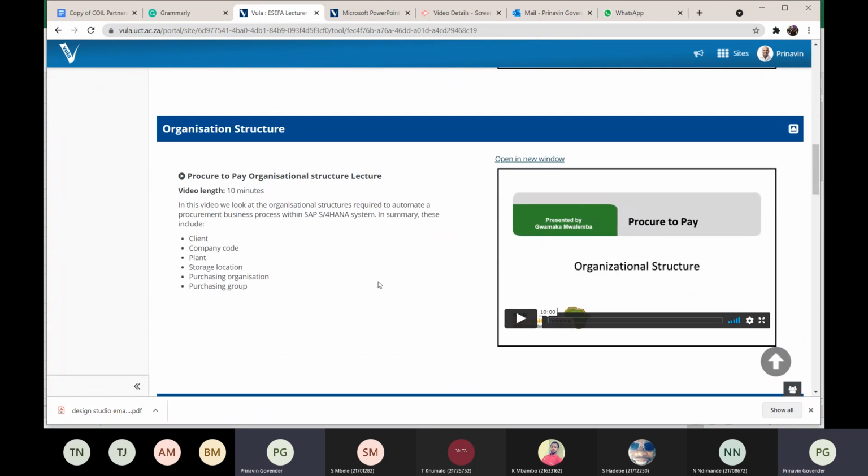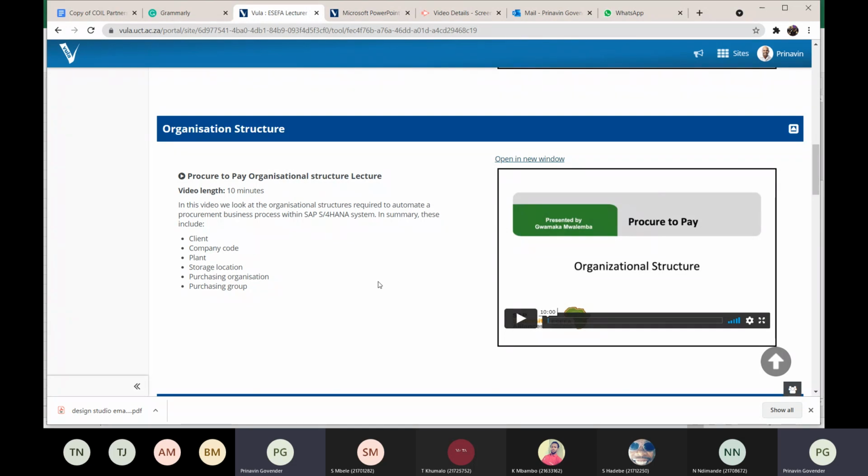Let's look at the organizational structure. Under organizational structure, we're going to be talking about the client, the company code, the plant, the storage location, the purchasing organization, and the purchasing group.